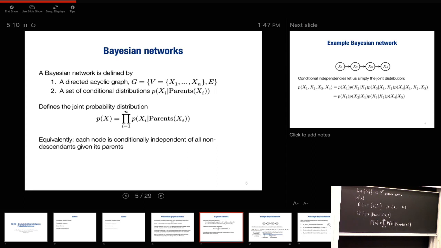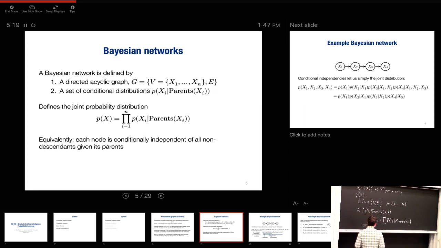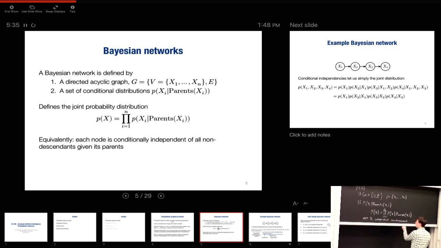Now, equivalently, another definition of this, which is not that obvious but not that hard to show, is that xi is independent of non-descendants, meaning variables that are not descendants of itself, given its parents. All right, so these are two equivalent definitions of the probabilistic assumption specified in a Bayesian network.